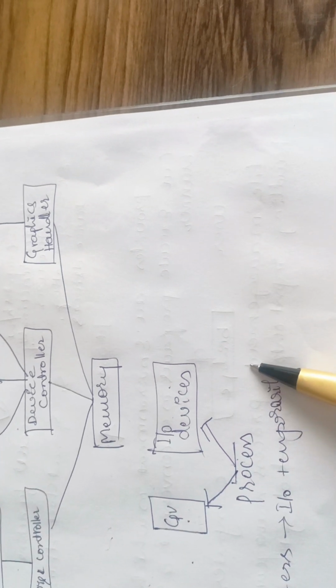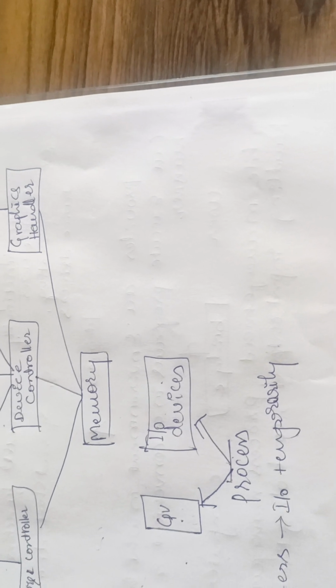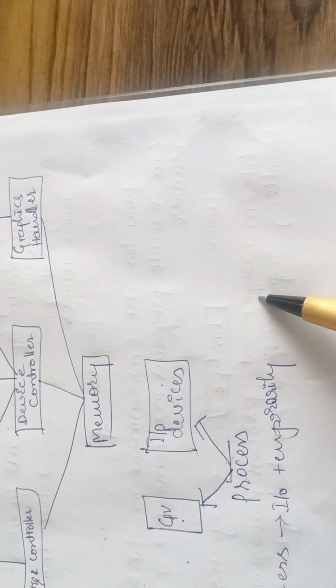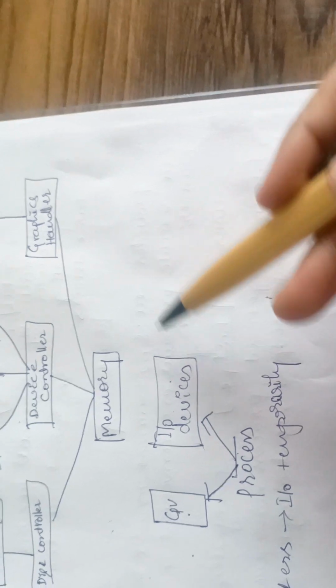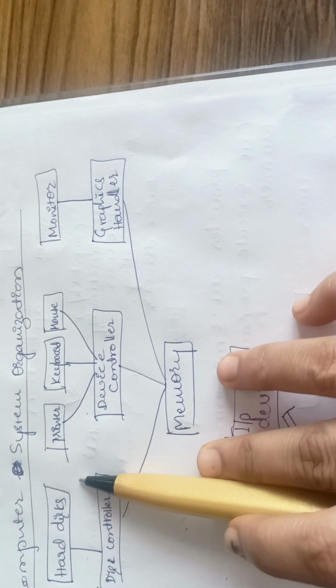The data is moved from memory to the respective device buffers by the CPU for input output operations. So from the memory to the respective device buffer, and for each and every device there will be a buffer.